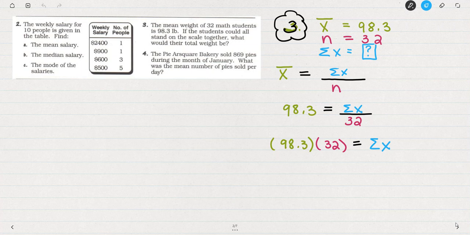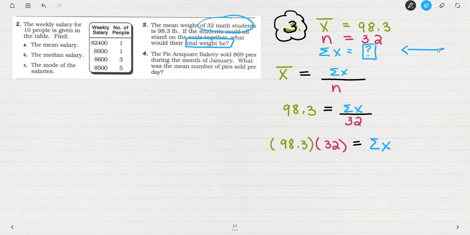N is how many pieces of data we have, and that's given as 32 math students. And the question says, what would their total weight be? So the total weight is what we're looking for. That's the sum of all of their weights.